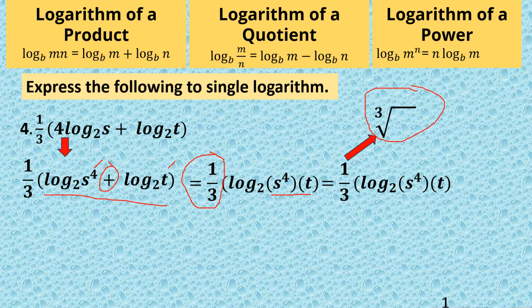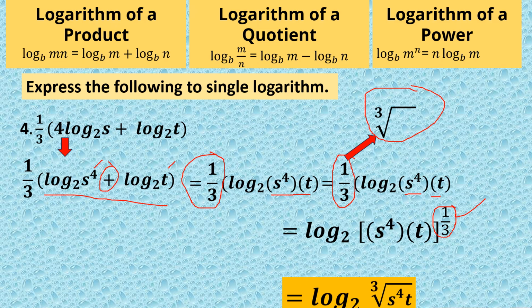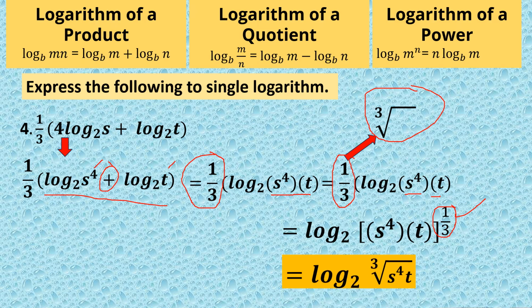So the next process is multiplying s to the 4 and t, and the 1/3 will be isolated in there, but instead we have written it as a power of s to the 4 times t. And you know that 1/3 as a fractional exponent, if we express it in a radical, will be read as cube root of s to the 4t to the base 2.